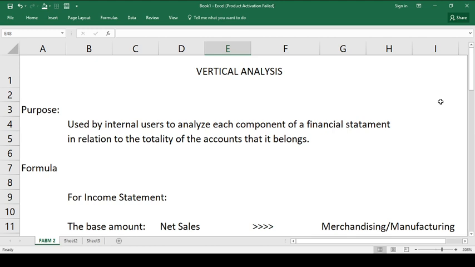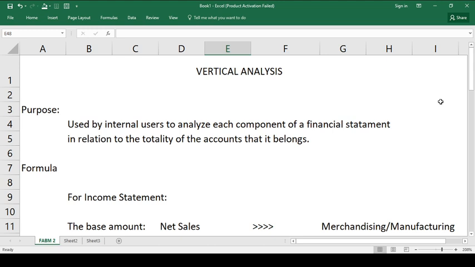Ibig sabihin po lang nun, each account title in each financial statement is being determined kung ano po ba ang relasyon niya sa totality of its account. For example, if you want to know from the total assets, magkano po ba ang proportion ng cash from the total assets. Ganun lang po yun ibig sabihin nun. Okay, that is the purpose of vertical analysis.